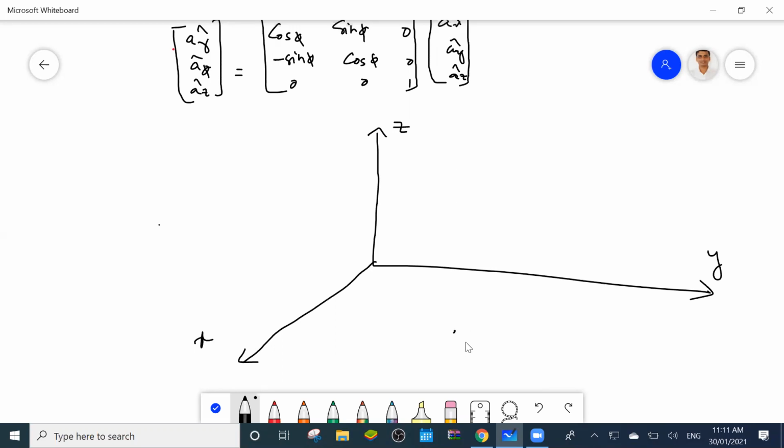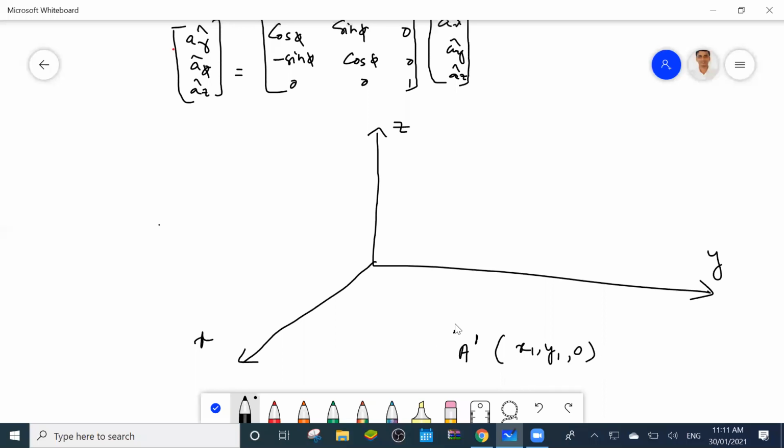I am writing here suppose a dash point, or A dash means A1 suppose here. The coordinate here, suppose this is the XY plane, so I can write here X1, Y1 and 0.